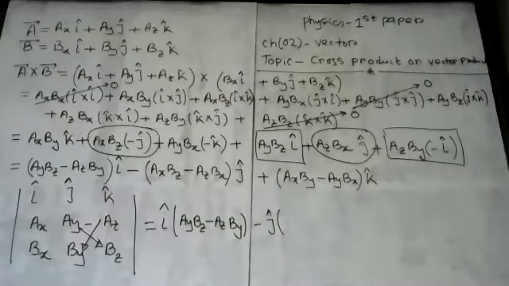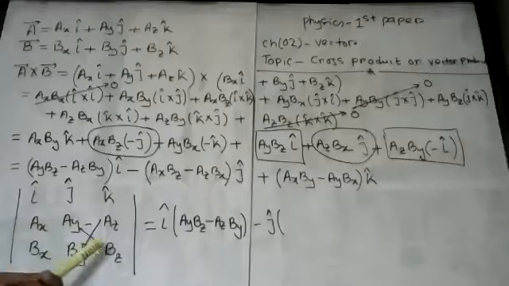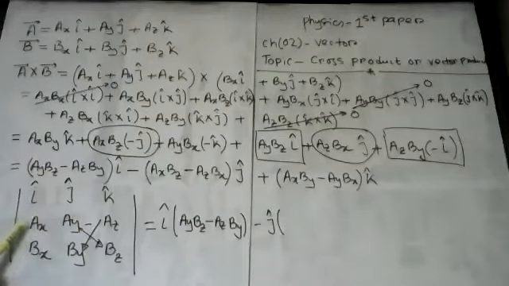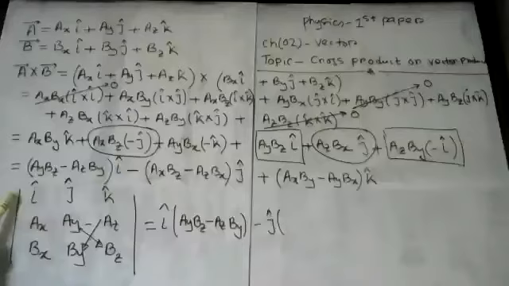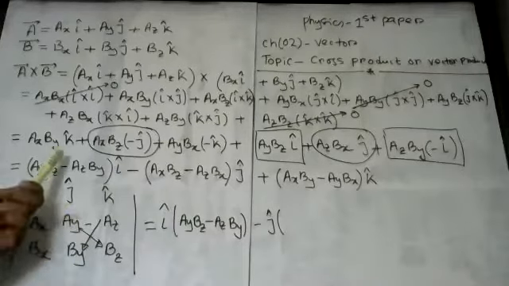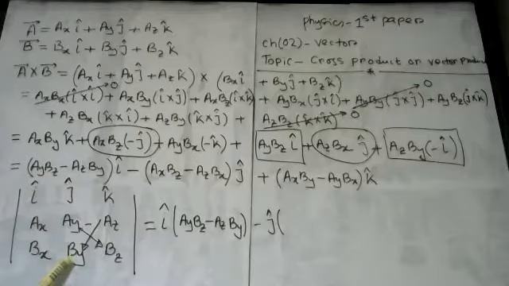Since the second one is negative, you consider ax with bz, because the corresponding row and column are cancelled out in this situation.